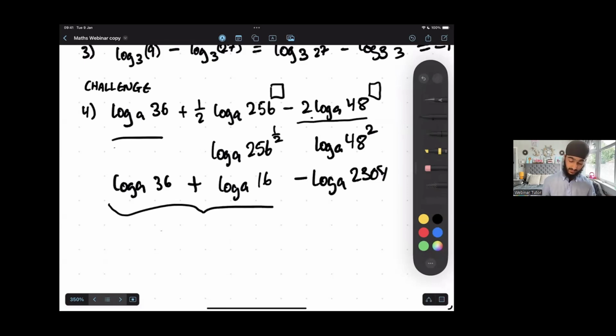Let's split it again, just down here. Do the addition part of it first. So log base a of 36 plus log base a of 16 simplifies to log base a of 36 times 16, which is 576. And from that, we're subtracting log base a of 2,304.